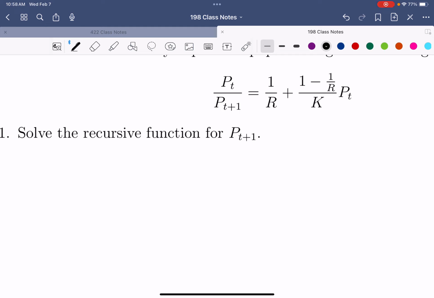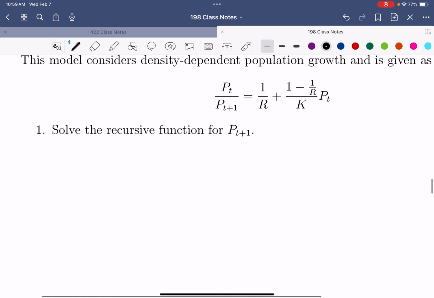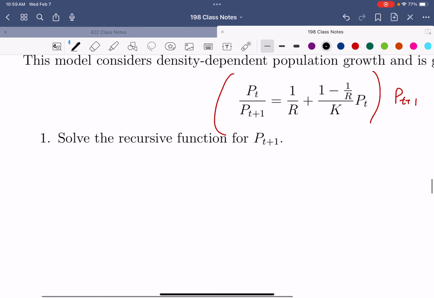So what do we want to do first? Well, I've got a couple of issues here. First of all, the P_{t+1} is on the wrong side. I want to collect my P_t's on one side and my P_{t+1}'s on the other. So I want to multiply by P_{t+1}. Let's do that in one step and not go too crazy.